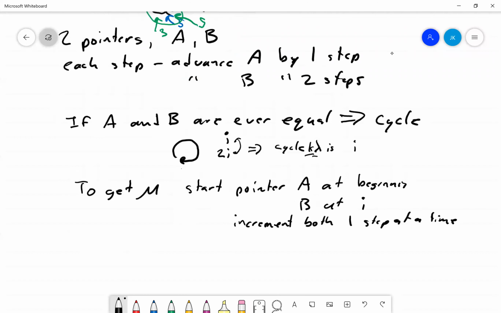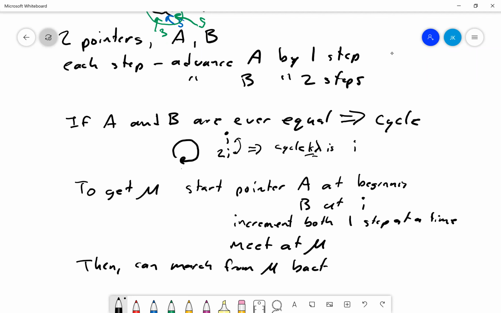And they will meet at mu. Okay, so once you know where they meet at mu, you can go ahead and just march around the cycle 1 time to figure out exactly what lambda is. So then you get back to self, and this will give you lambda.